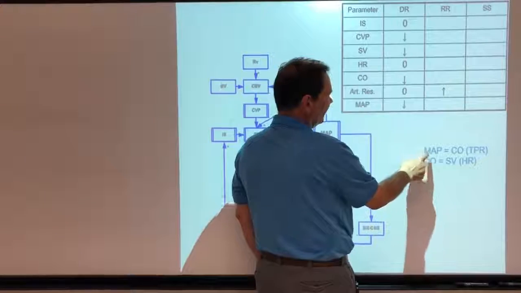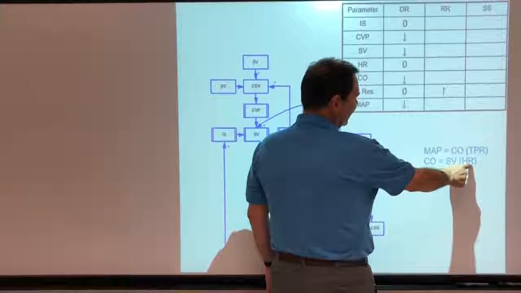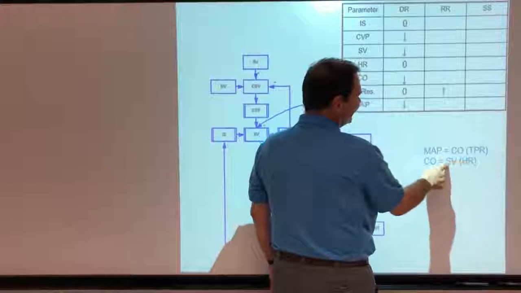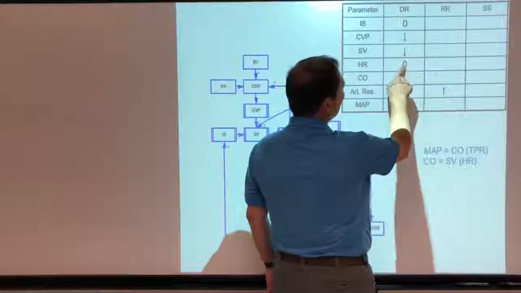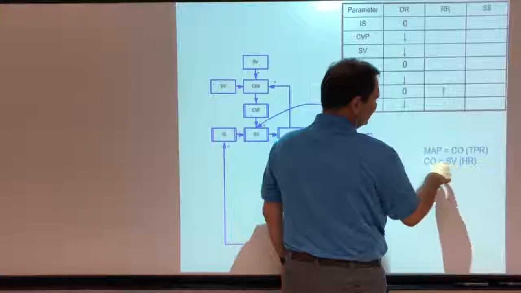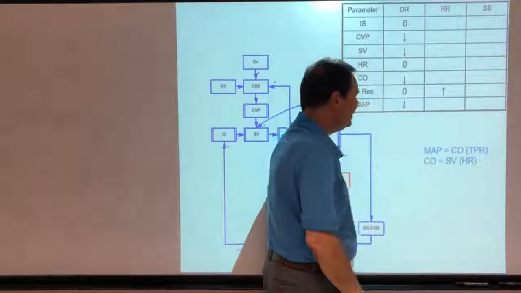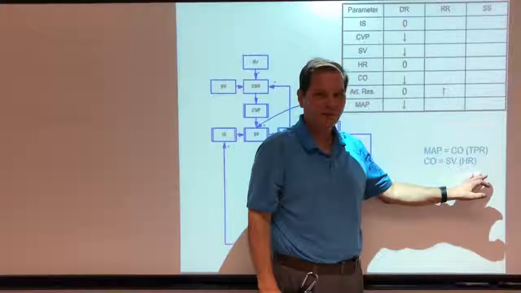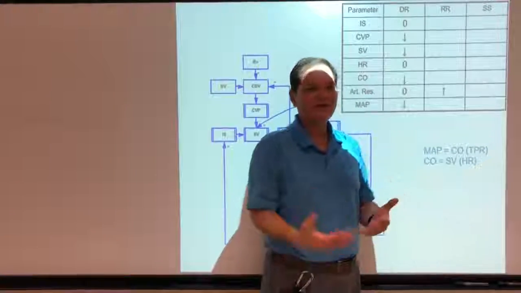So I'm good there. Cardiac output is stroke volume times heart rate. If the cardiac output dropped, that means one of these had to drop. Heart rate didn't change, but stroke volume did drop, so it's okay for cardiac output to be down. So our causal relationships hold.